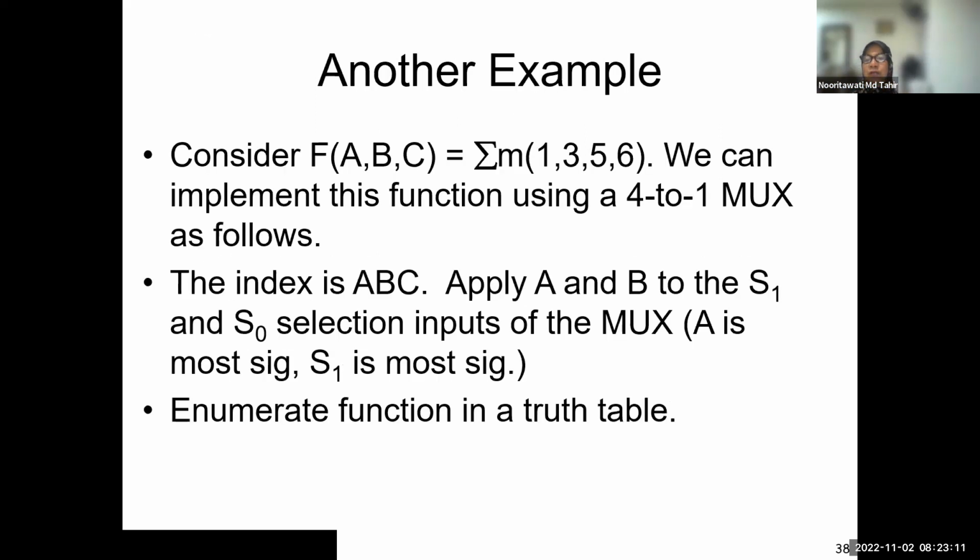Okay, I want you to try this. Consider F(A,B,C) = Σm(1,3,5,6), implement using a 4-to-1 multiplexer. Okay, and then dapatkan truth table dia and draw the circuit. Cuba sekarang boleh? Because if you don't try, we don't know whether you understand or not. Sila.